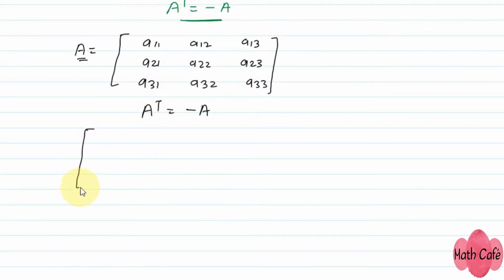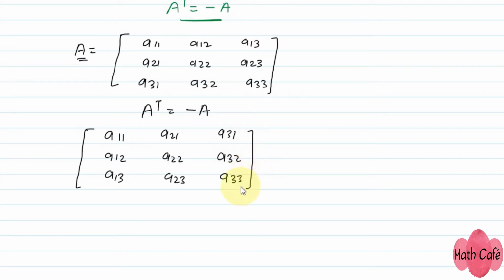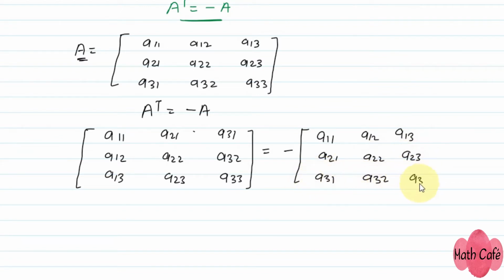I will just interchange all the rows and columns of matrix A. This is the transpose of the given matrix A, and that is equal to minus of the given matrix A.